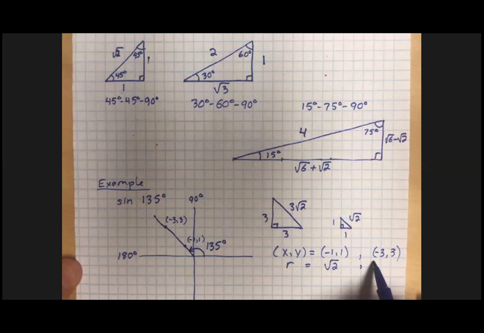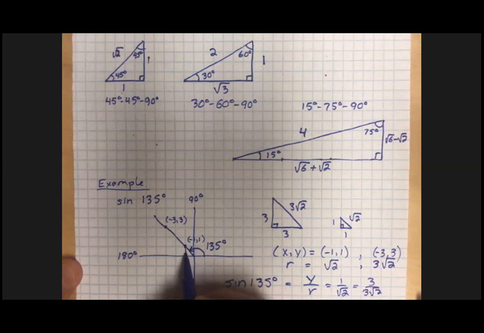This R would be 3√2. Either way, the sine of 135 degrees, which is Y over R, is either 1 over √2 or 3 over 3√2, the same number. And that is the magic of a similar triangle.